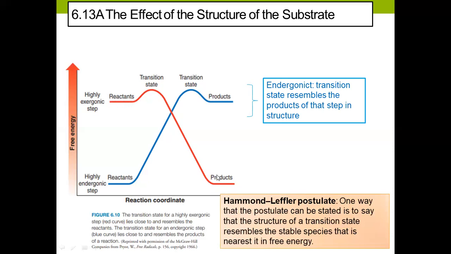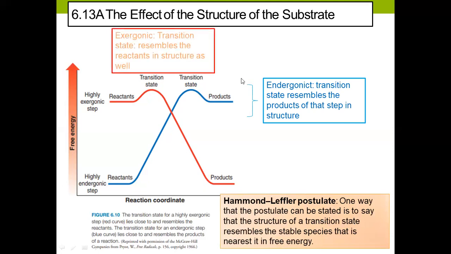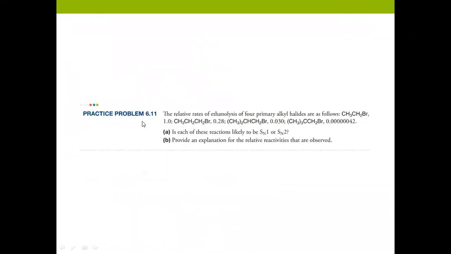Its delta G is negative. For the blue one, the delta G is positive. We call that endergonic. So here for the blue one, the transition state resembles the products because there is not so much difference in their free energy. For the red one, the exergonic step, the transition state resembles the reactants because the transition state has a close energy to the reactants.